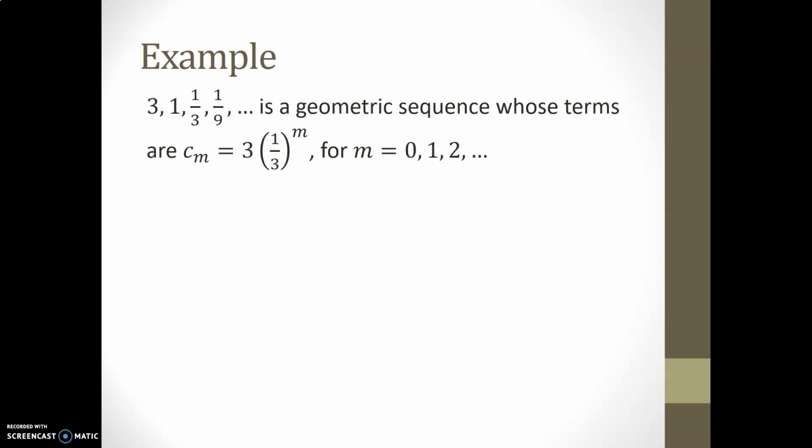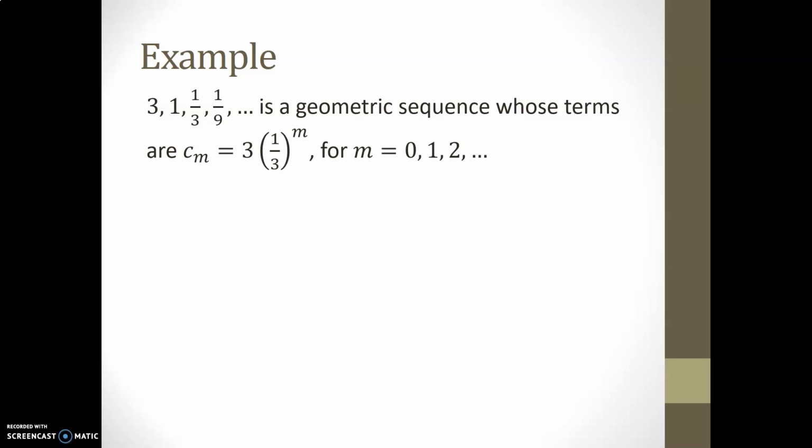Now, in contrast to that, we have a geometric sequence whose terms are decreasing. In this case, we have a first value of 3 and a ratio of 1/3. So we could express the general rule for the geometric sequence as c_m.